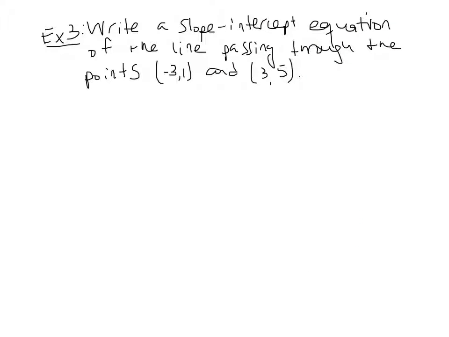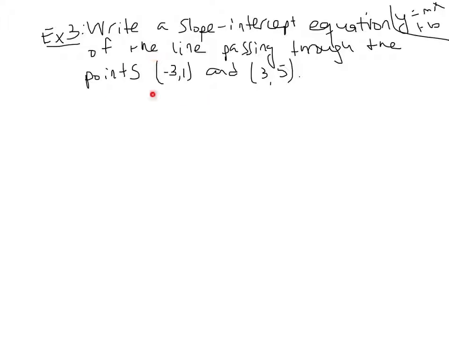All right, algebra scholars, this next example is even harder yet. So let's look at the instructions. It says write a slope-intercept equation. So what does that tell us? That tells us our final answer is going to be y equals mx plus b of the line passing through the points negative 3, 1, and 3, 5.